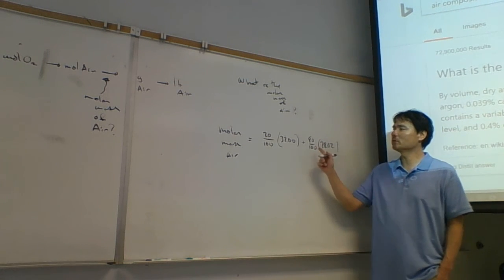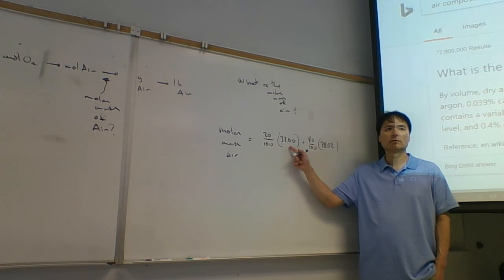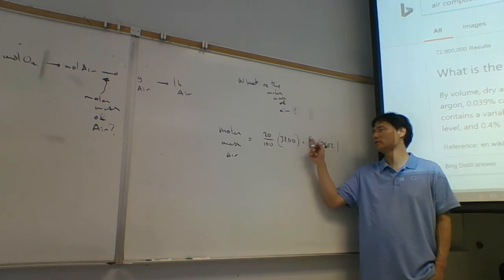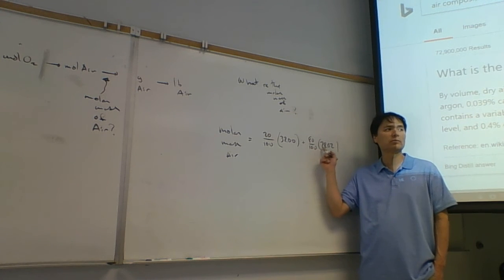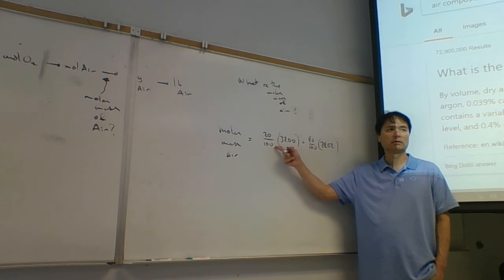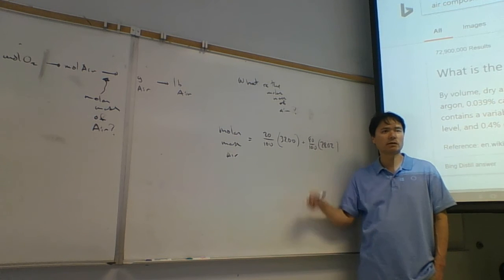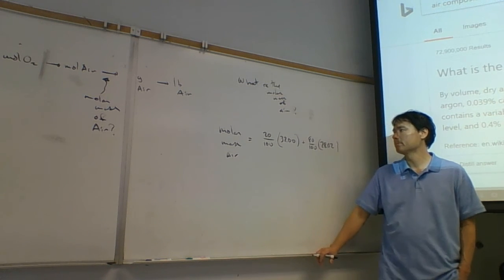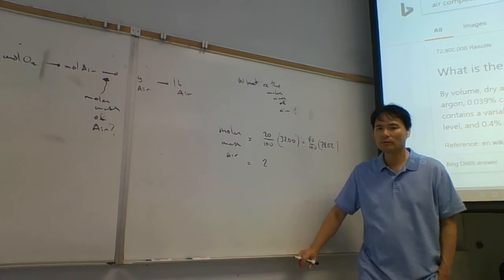If this were 100% oxygen, then the molar mass would be 32. It'd be 100 over 100, 0 over 100. If this were 100% nitrogen, it would weigh 28.02 because there'd be 0% oxygen. Do you remember doing something like this way back in isotopes? Yeah. And so we're going to do this, and we're going to get, well, what are we going to get?